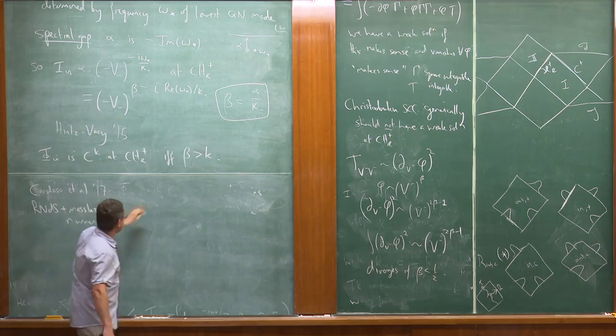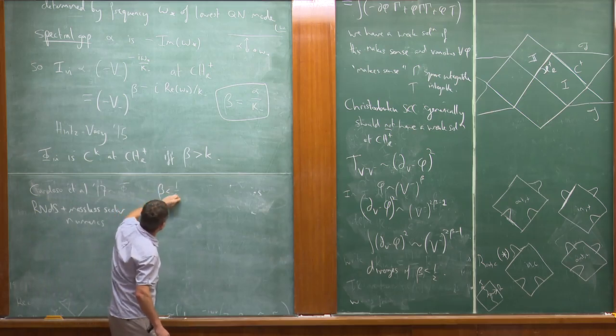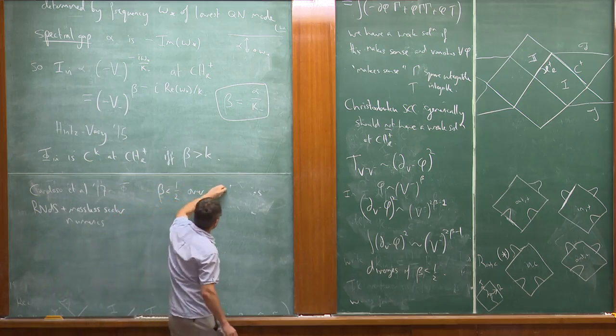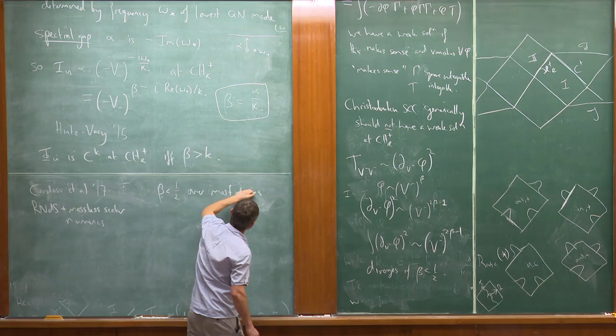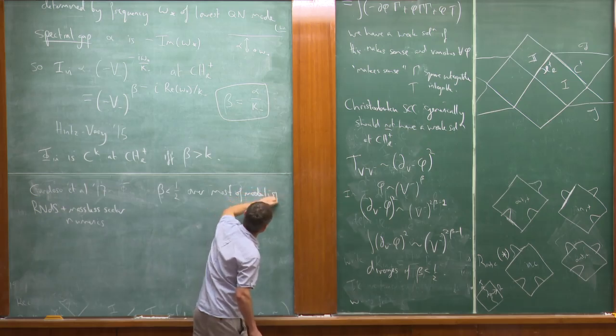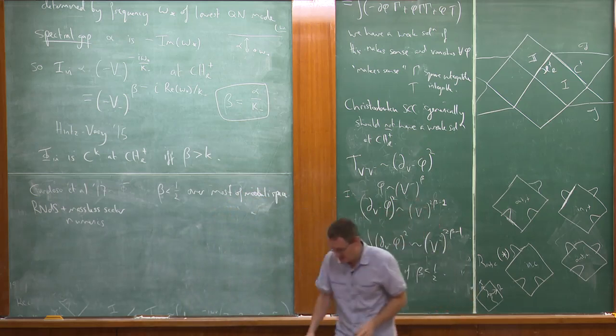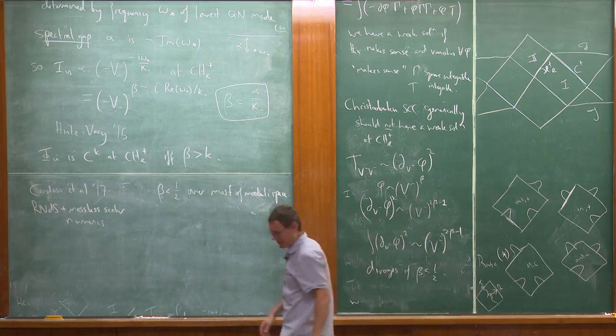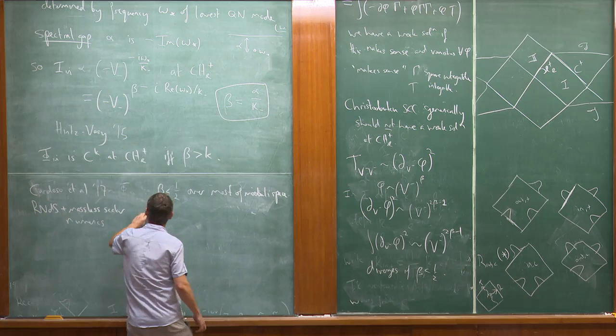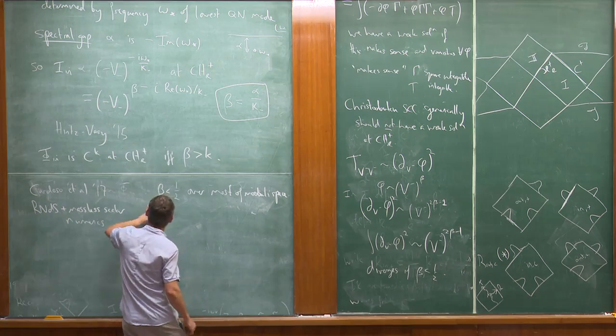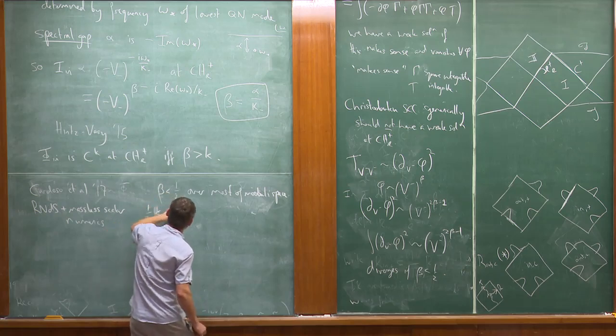And what they found is that beta is less than a half over most of the moduli space, the black hole moduli space. So this Christodoulou version is respected over most of the moduli space. But if you look at near extremal black holes, they have beta between 0.5 and 1.